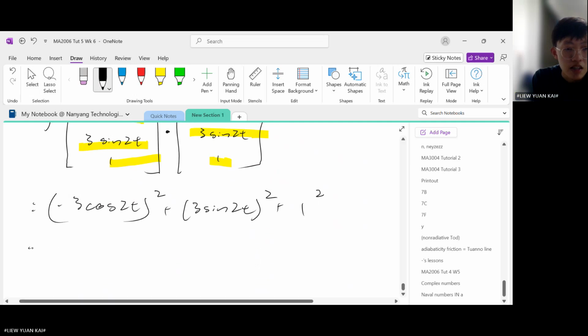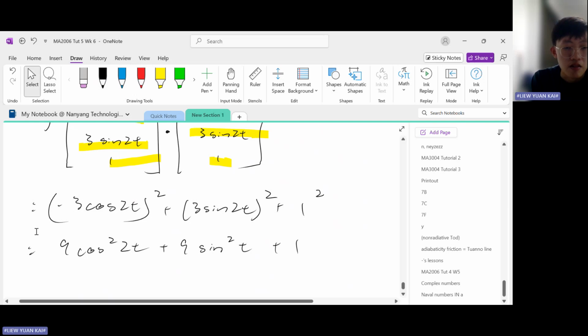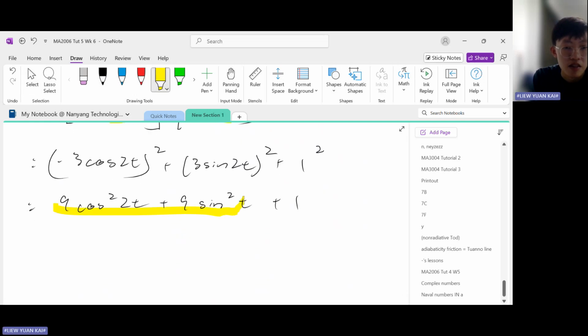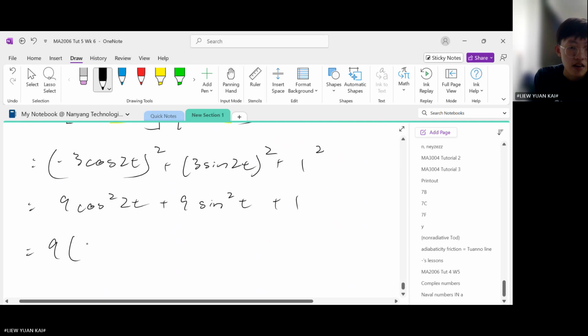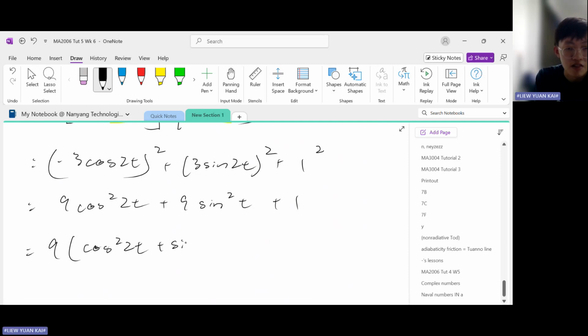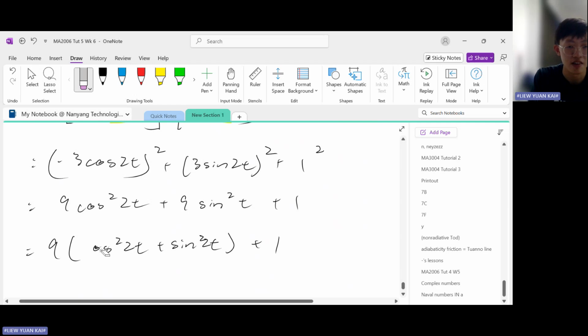Next thing you do is you expand it. Okay, pay attention to the first two terms. They have a common factor of 9, right? So let us go ahead and factorize 9. You can write this as cos squared 2t plus sine squared 2t, but I prefer to write it the other way around, and you'll see why later.